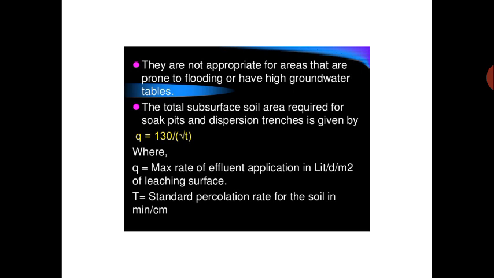Where the groundwater table is very high, and wherever flooding chances are there, it is also not suitable because the flood water will carry all this organic matter.